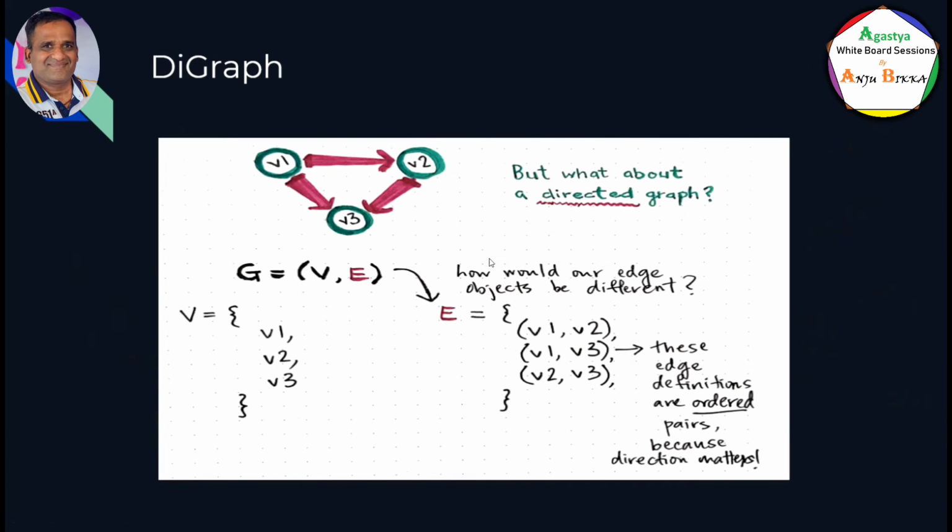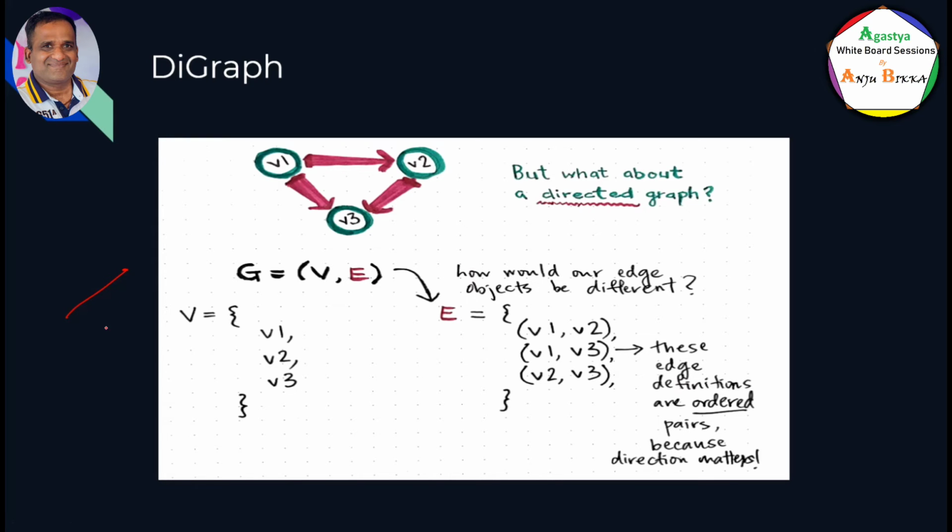So far we discussed undirected graphs. Let's discuss digraphs. In an undirected graph, the edges are undirected edges.